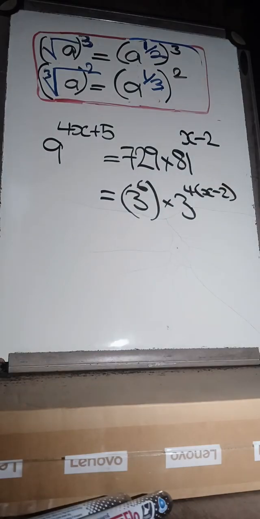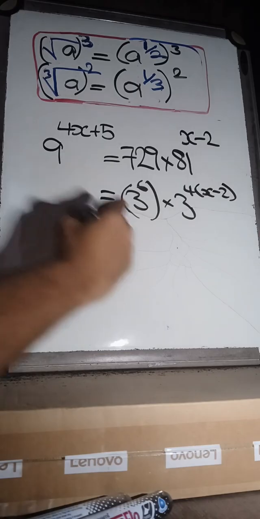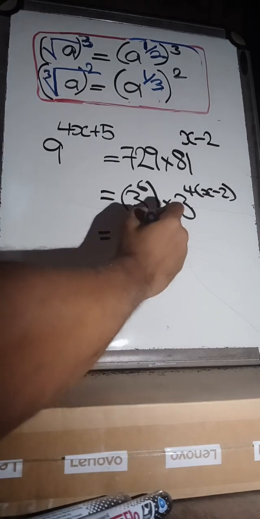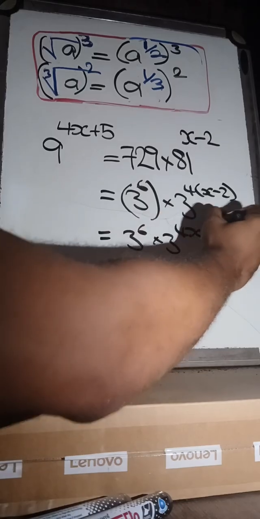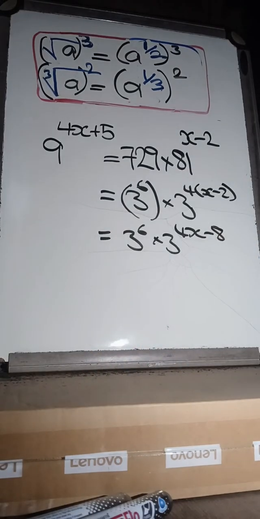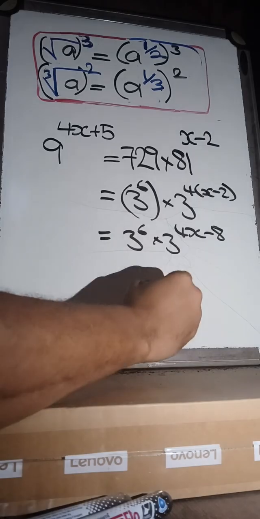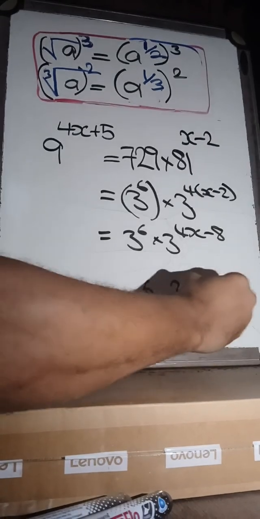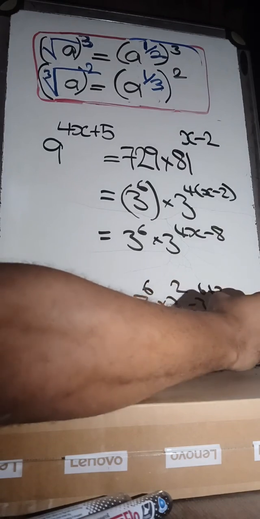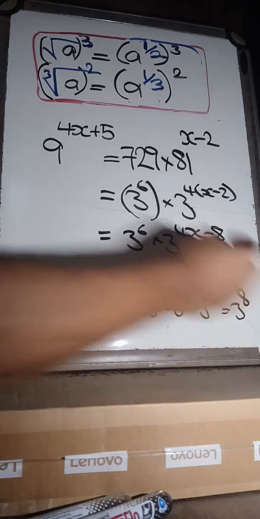So that's going to be, just on this side alone, 3 raised to the 4x minus 8. Now, based on our rules of indices, let us say we have 3 to the 6 times 3 to the 2. It means we have 3 to the 6 plus 2, resulting in 3 to the 8.